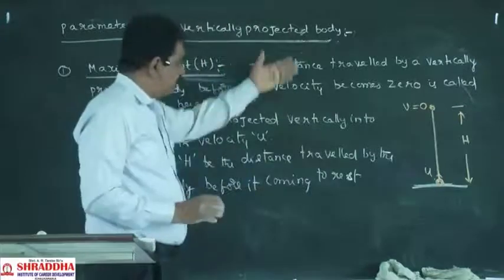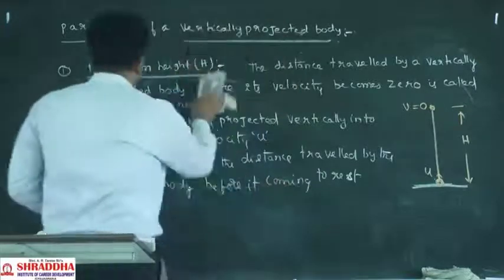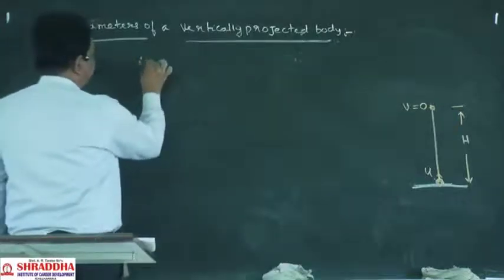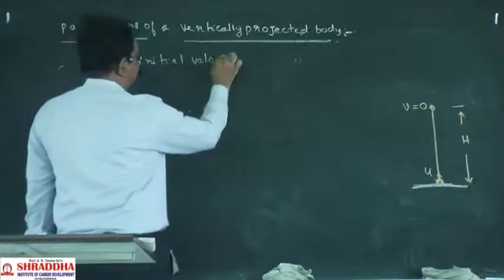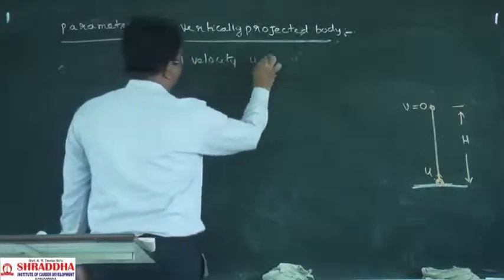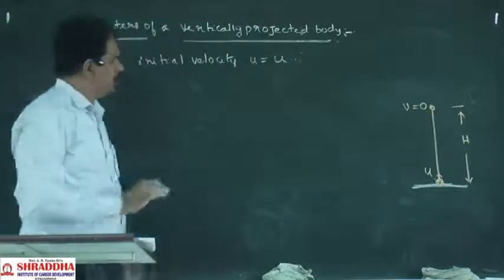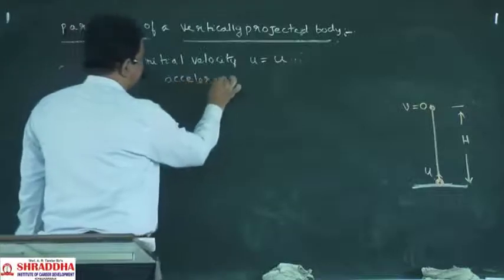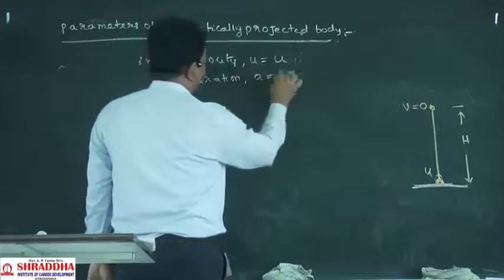Clear? And then one by one try to derive the formulas, see how to derive. What is the initial velocity here? With what velocity are we projecting? u. So initial velocity is equal to u. What is its acceleration? Body acceleration symbol is a.